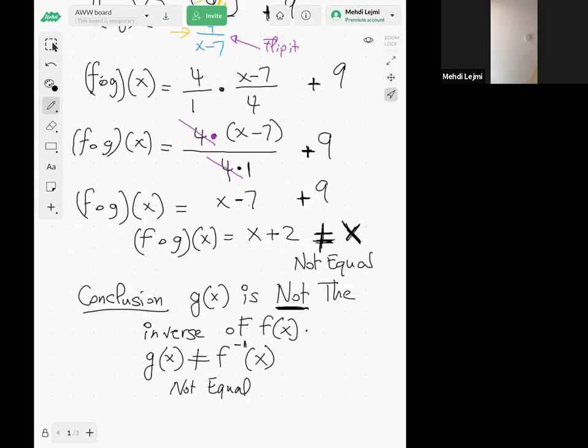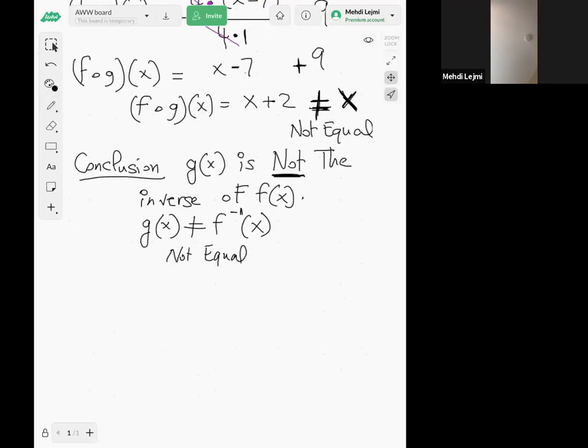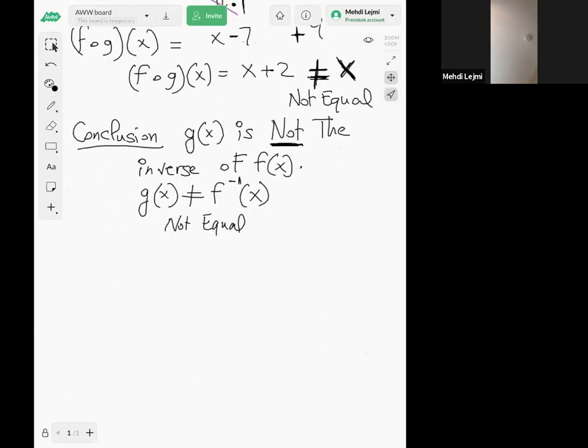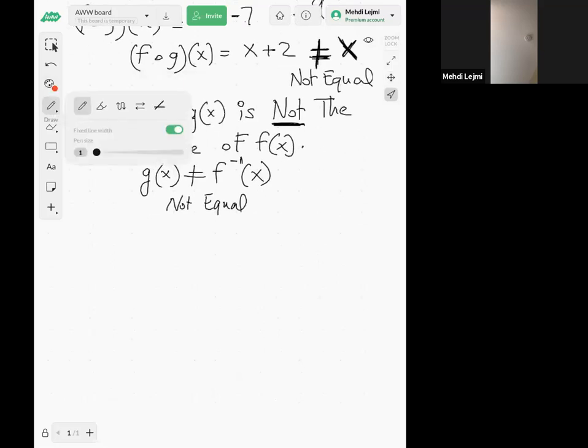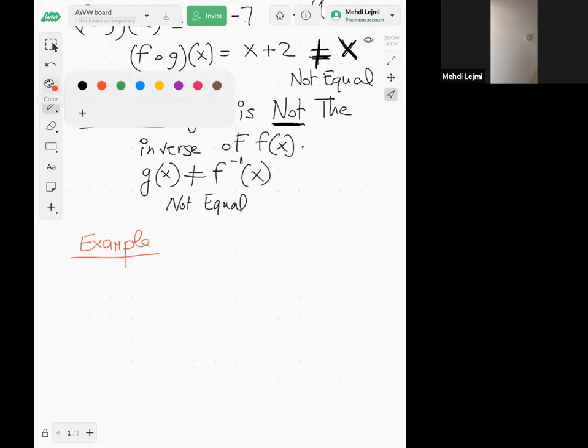Absolutely. Okay, so guys, actually, there's something interesting about these inverse functions. Let me do an example to see how this inverse function works. So, for example, remember we had this f of x, which is 4x minus 7.